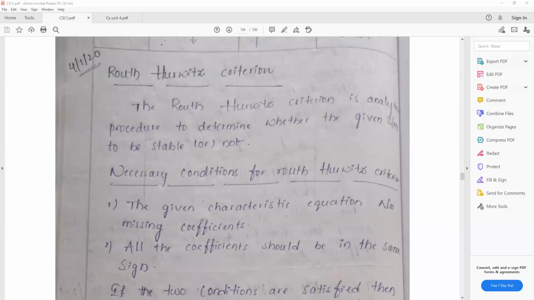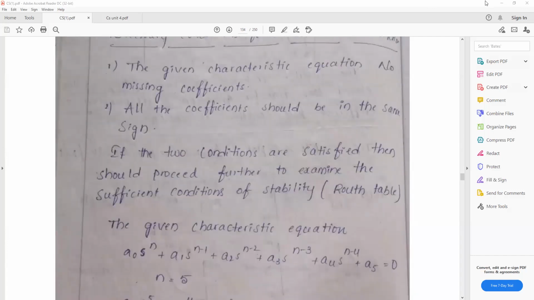Okay, so the Routh-Hurwitz stability criterion is an analytical procedure to determine whether the given system is a stable system or not. So the method we use to calculate whether a system is stable or unstable is the Routh-Hurwitz stability criterion. So the conditions for the Routh-Hurwitz stability criterion are: first condition, the given characteristic equation has no missing coefficients.